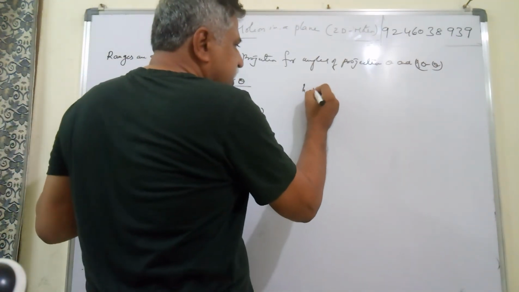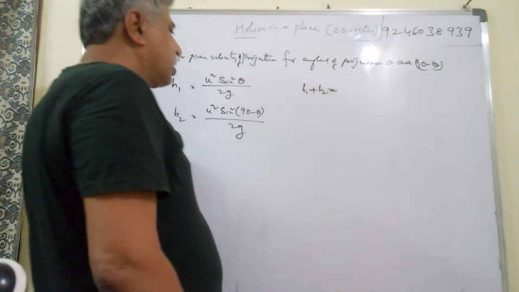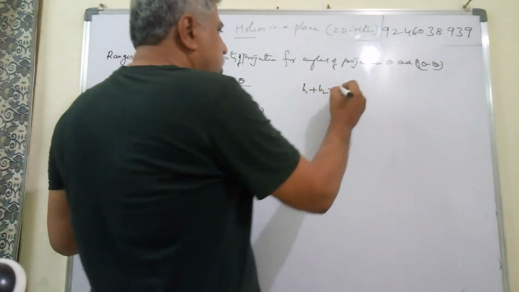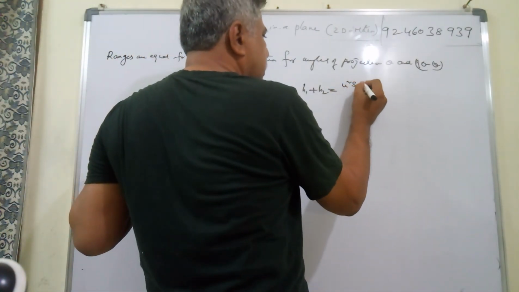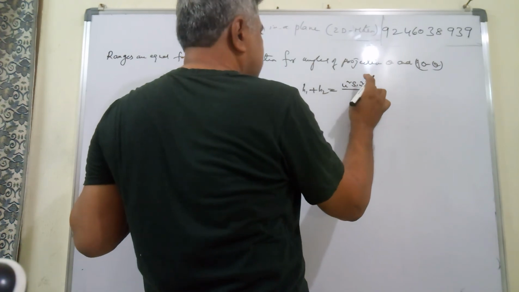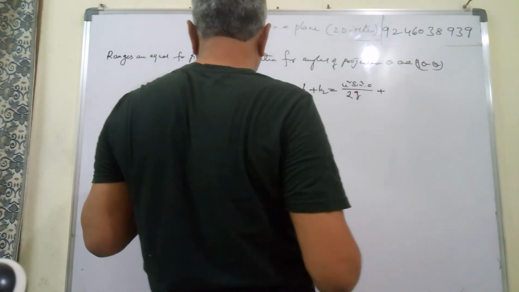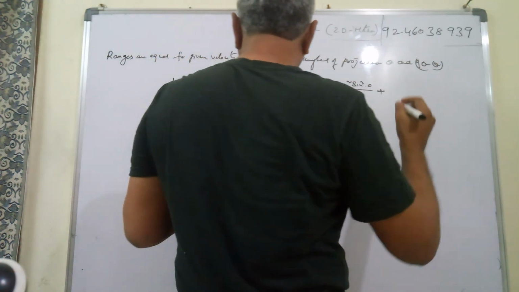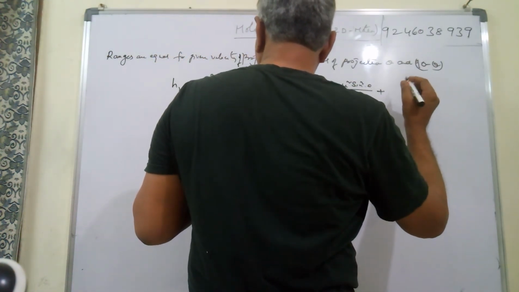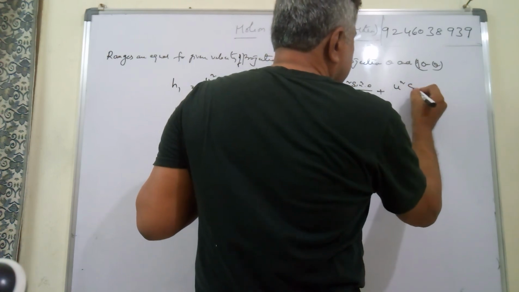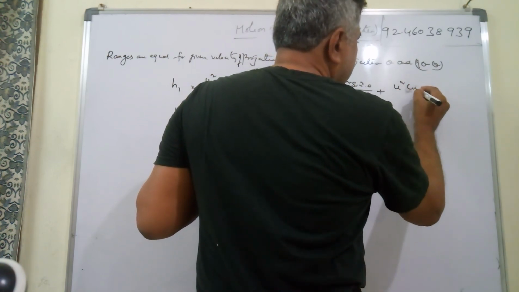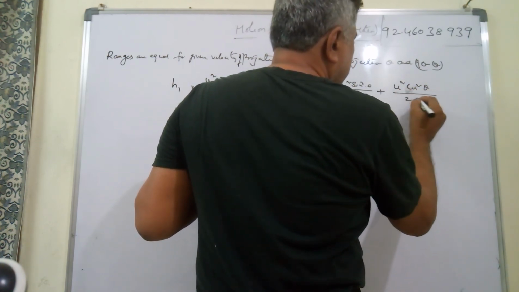Here we can write H1 plus H2. How much does it become? U square sin square theta by 2g plus, it becomes cos square theta, since 90 minus theta means sin square 90 minus theta is cos square theta. U square cos square theta by 2g.